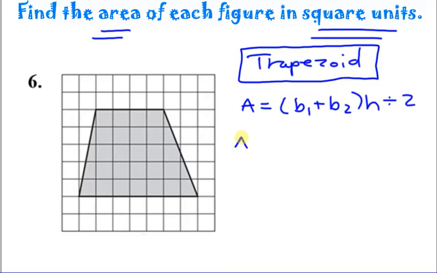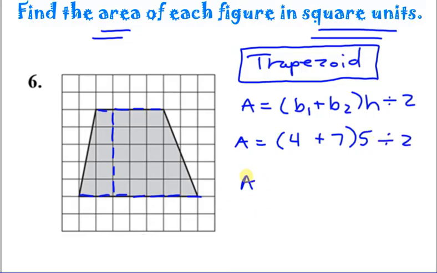So let's fill in what we know. Area equals, okay, base 1, how long is it? 1, 2, 3, 4. Plus base 2, 1, 2, 3, 4, 5, 6, 7. Times the height, tallest point to lowest point. 1, 2, 3, 4, 5. Divided by 2.